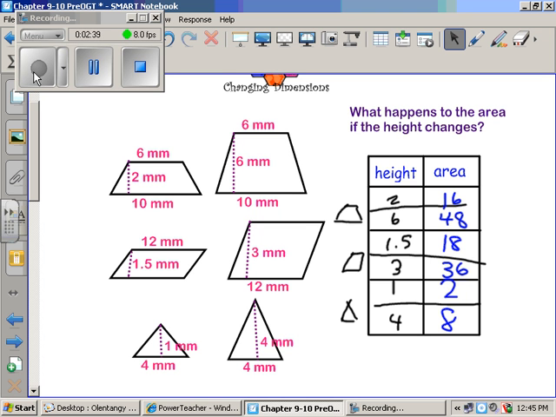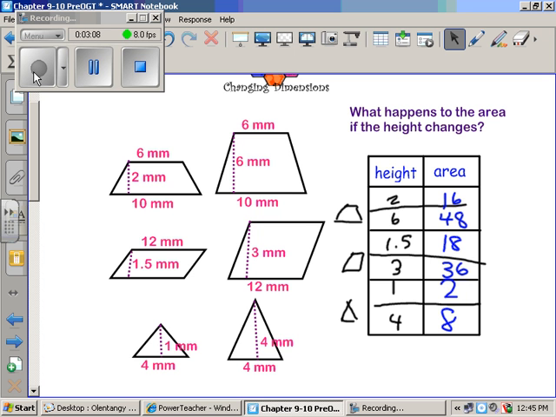Yeah, it's double. How is this changing? Double. Okay, how about this one? Times 4 or quadruple. And this one? Times 4. Okay, so if we're changing one characteristic, one dimension of our shape, it has the same impact on the area as the change we made in the dimension originally.